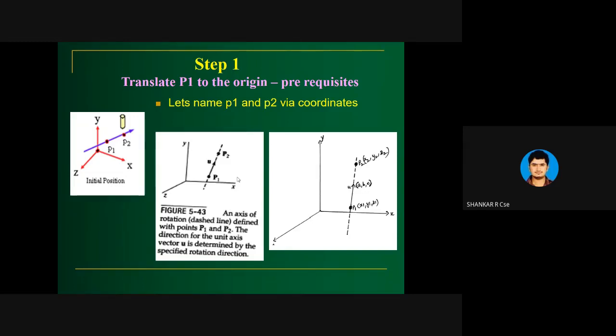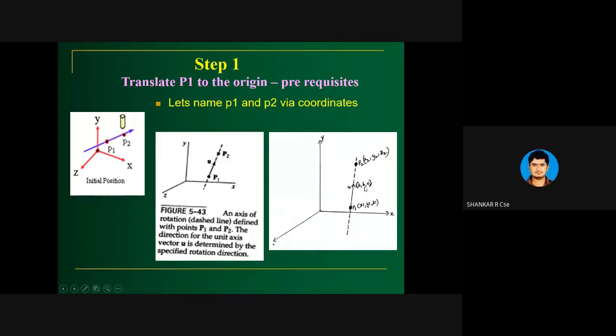You know, a vector has a magnitude, it has a direction. You can see the direction is pointing towards up. Now if I denote p1 p2 in terms of coordinates, p1 has x1 y1 z1, p2 x2 y2 z2, and u is my unit vector having the coordinates abc.